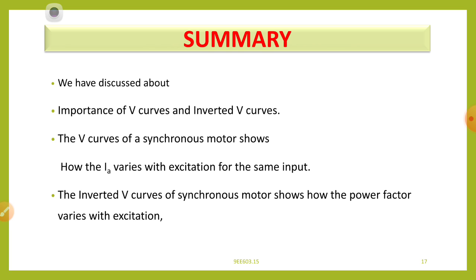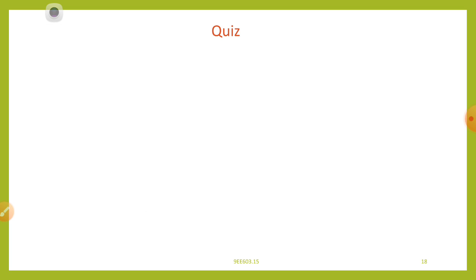By changing armature current and power factor, we change the consumption of the motor also. The V curve of a synchronous motor shows how the armature current varies with excitation for the same input values. The inverted V curve shows how the power factor varies with excitation with the same supply.